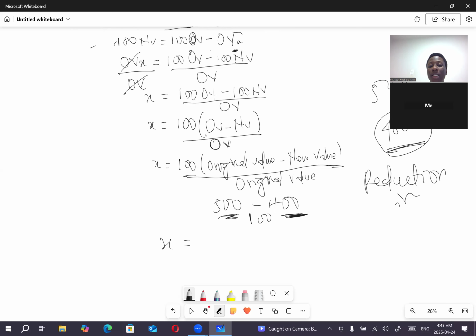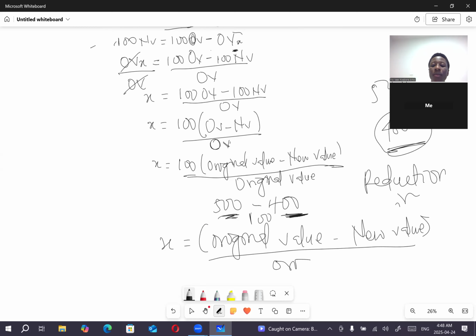Reduction in value, isn't it? All over original value times 100. The 100 is there, right? If you like, we can rewrite it properly. So original value minus new value, all over original value, times 100.